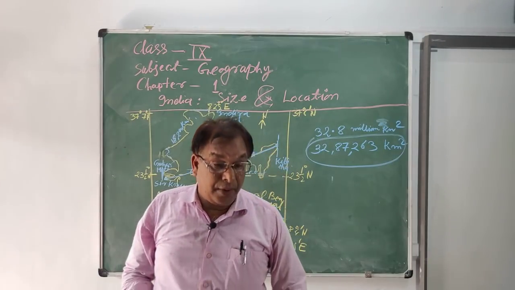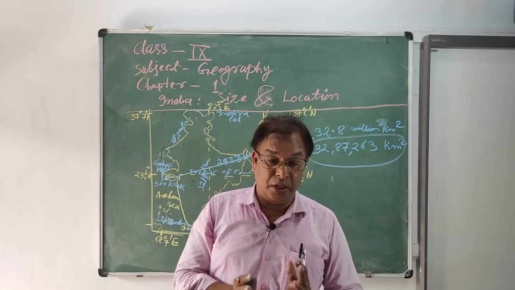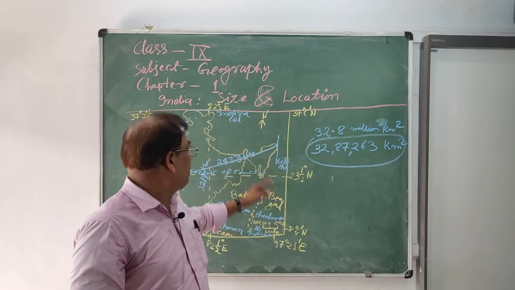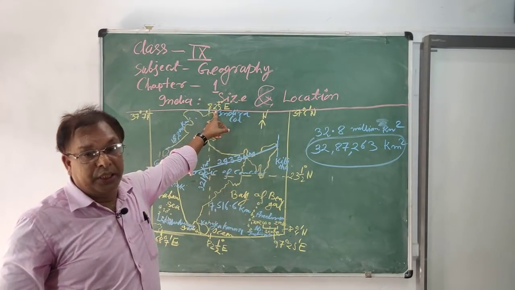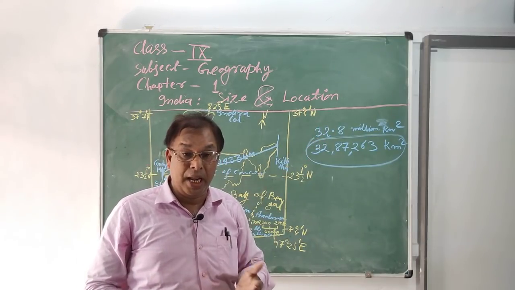India's time location you can also show according to the standard meridian. The standard meridian of India is 82 and a half degrees east longitude. Why?